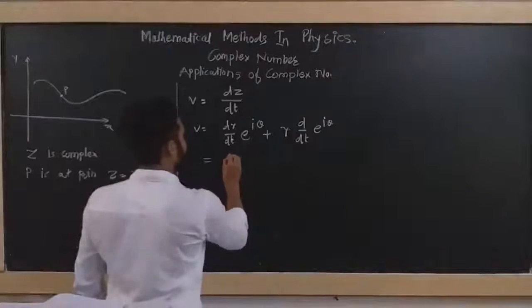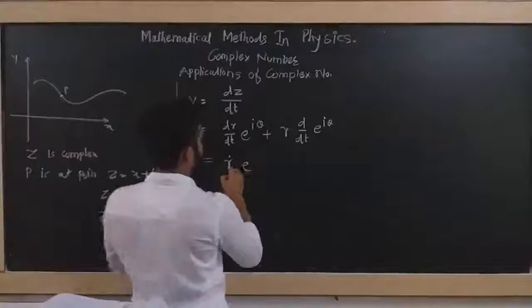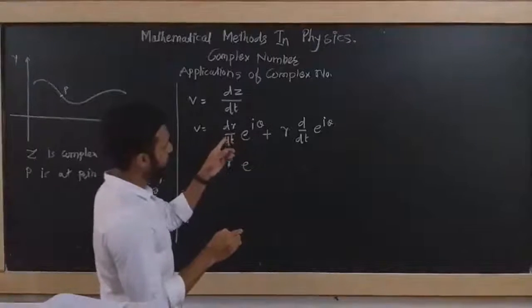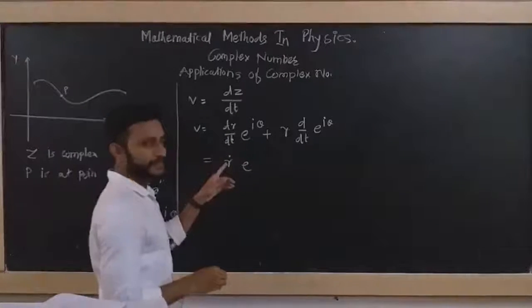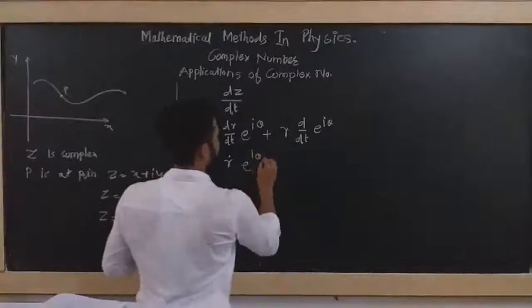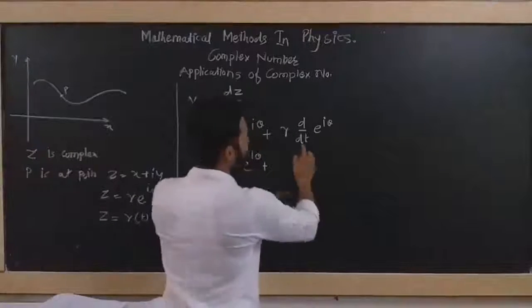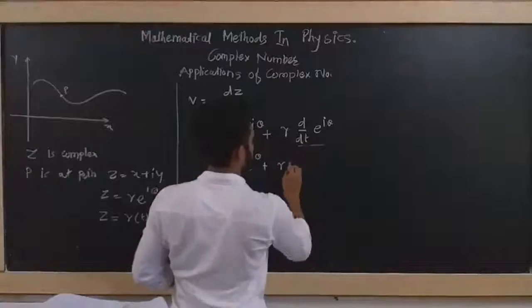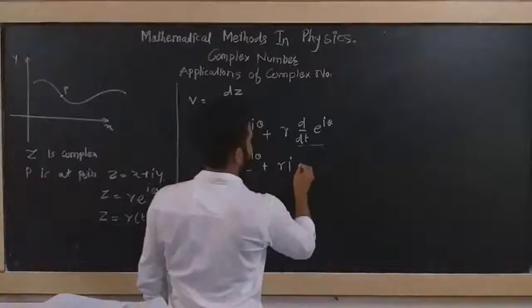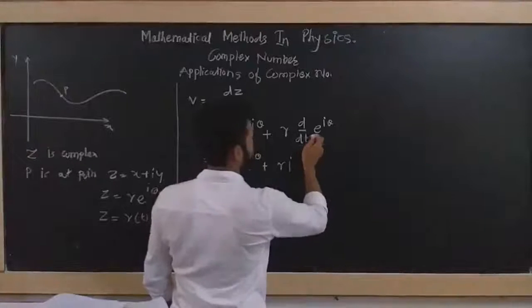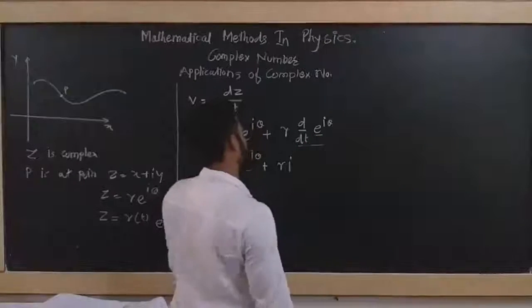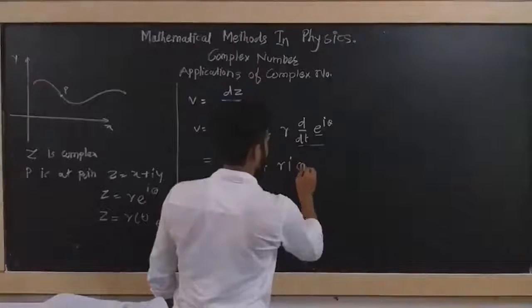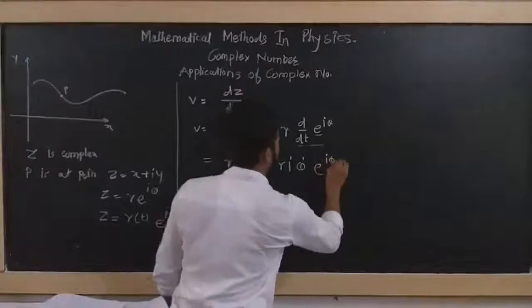So here r dot means dr by dt, the differentiation with respect to time, times e raised to i theta, plus r times i, and the differentiation of e raised to i theta gives theta dot times e raised to i theta.